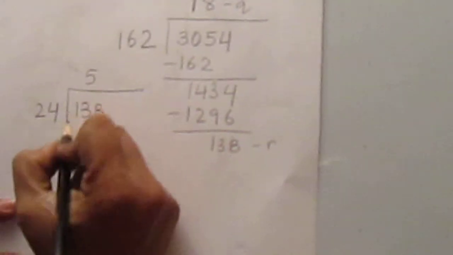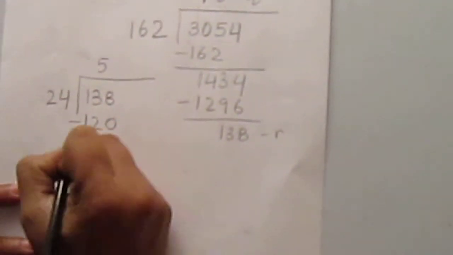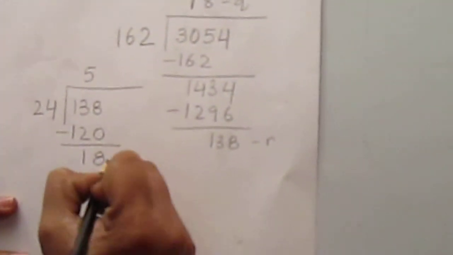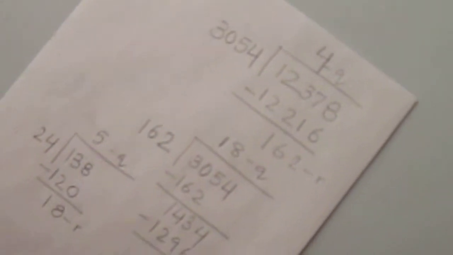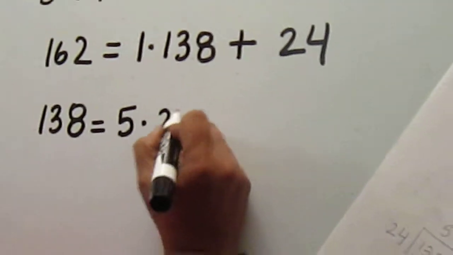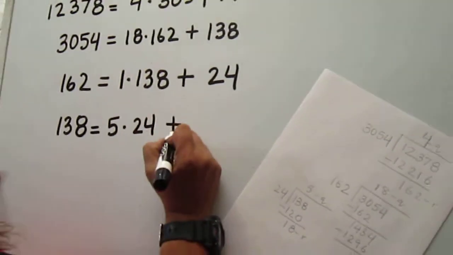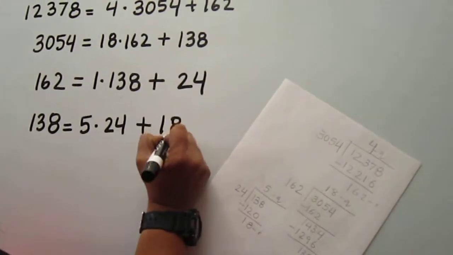I just came up with that off the top of my head. And then we have a remainder of 18, so it cannot go any further. We write it in the same fashion: the quotient, which is 5, times the divisor, which is 24, plus the remainder of 18.